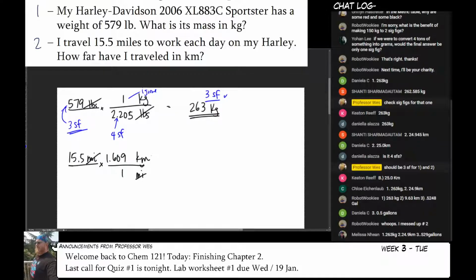And if I multiply those together, 15.5 times 1.609, I get 24.9395 km, which to 3 sig figs is 24.9 km. Why is it 3 sig figs? Because this is 3 sig figs, this is 4, and this we ignore. This is the lowest, so our answer here should have 3 sig figs.